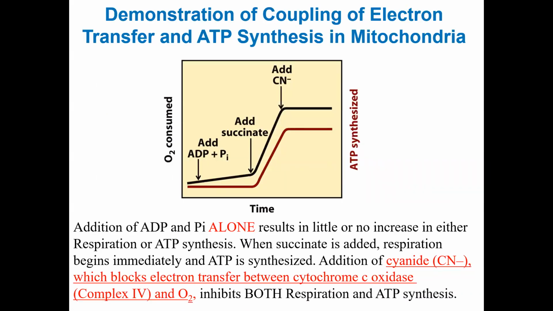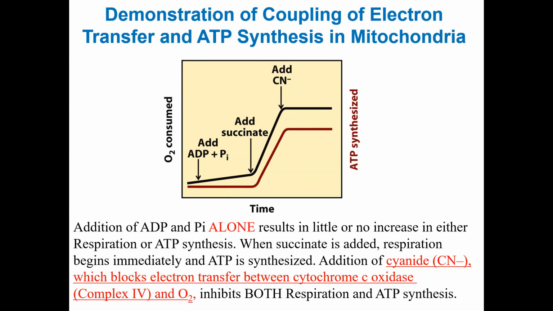With that, I want to talk a little bit about the coupling of the two processes, that of the electron transfer and the ATP synthesis that happens in the mitochondria. Coupling means the processes are linked.